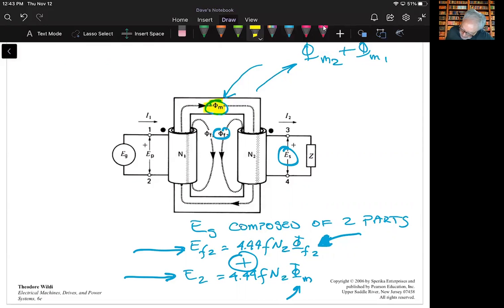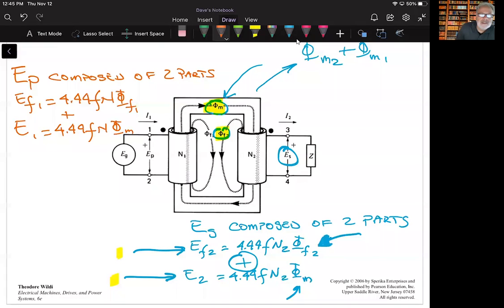So it's a composition of two voltages based on two different fluxes. And it's interesting to think that both of these are most likely, in general, not in phase, okay? So that adds a complicating layer to it, but we want to recognize that part of it.